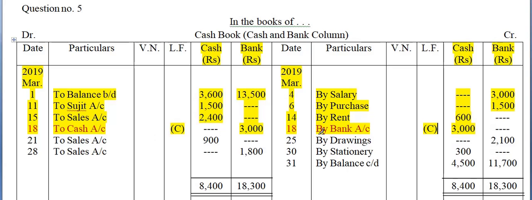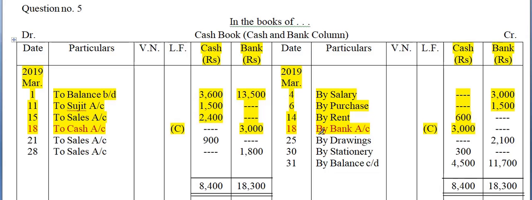Now, what is contra entry? Contra entry is a type of entry which can be observed only in the case of a double column cash book, which affects both the debit side and the credit side of a cash book.